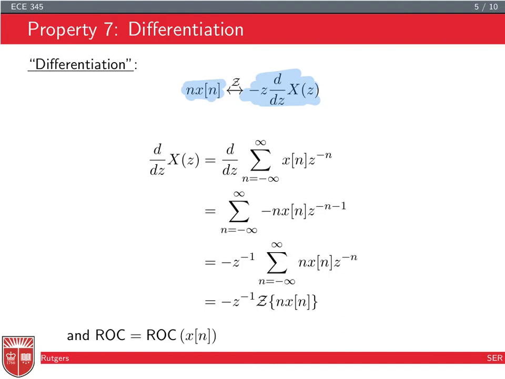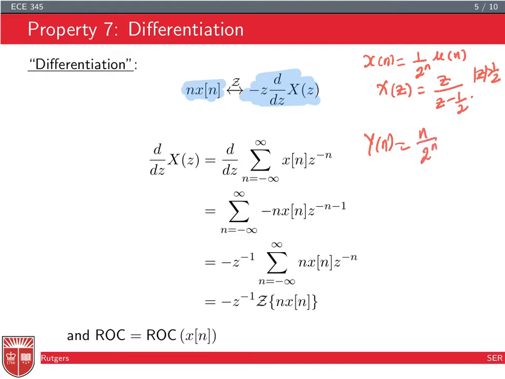So we know that if I have, let's suppose x of n is equal to, let's say, that's the example I've been running with, (1/2)^n u of n, then I know that x of z is going to be equal to z divided by z minus 1/2 with |z| greater than 1/2, right? Now the question is, suppose we take y of n to be equal to n (1/2)^n u of n, and now find y of z.